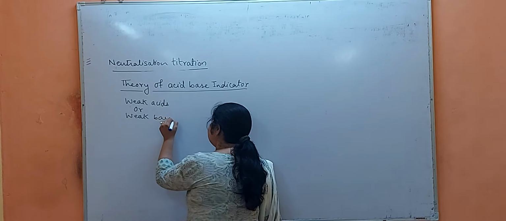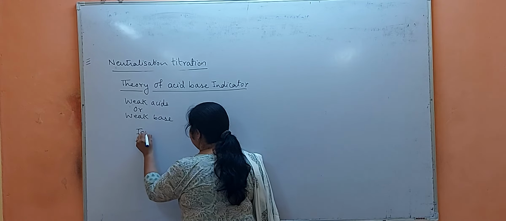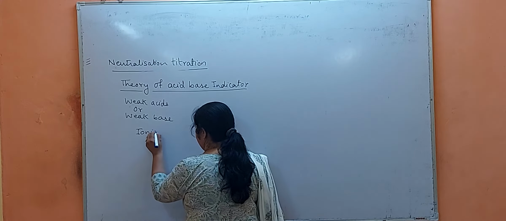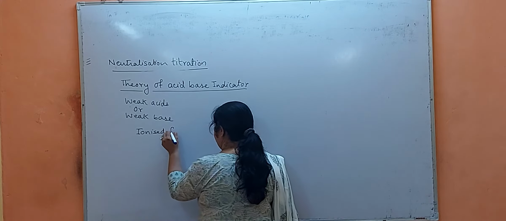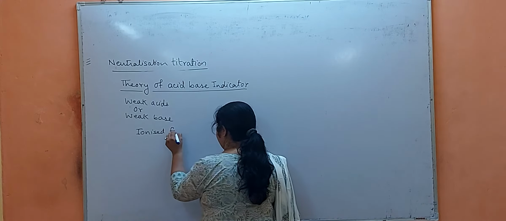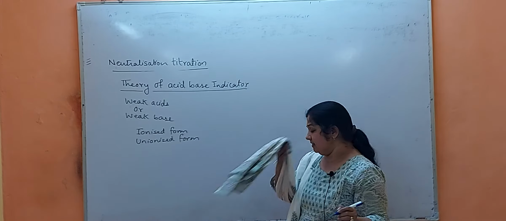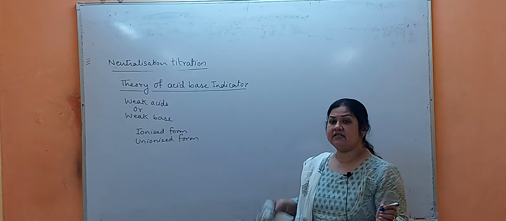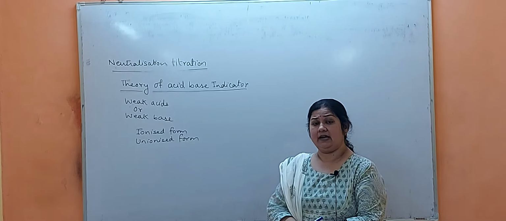As they are weak acids or weak bases, they exist in two forms, that is ionized form and unionized form. So the indicator may show two colors, one with the ionized form and the other with the unionized form.